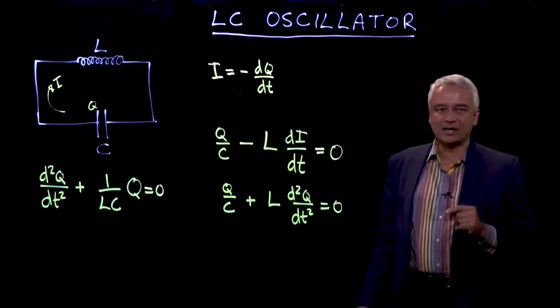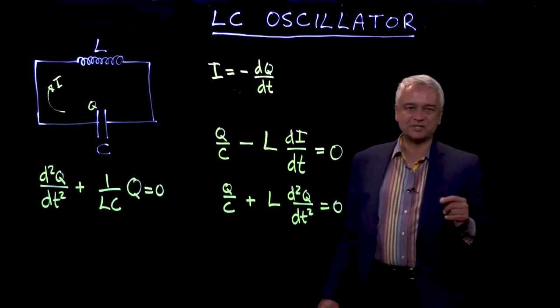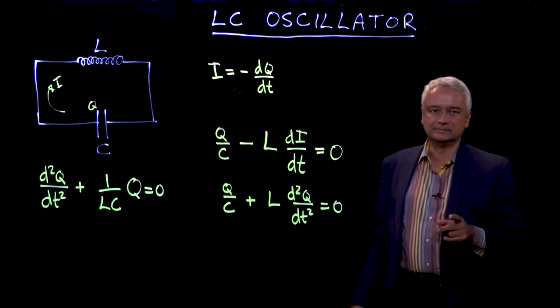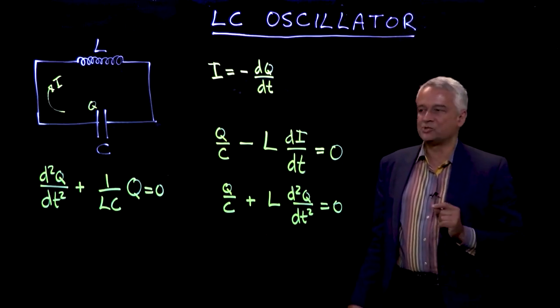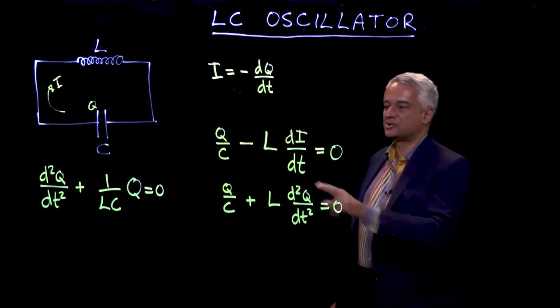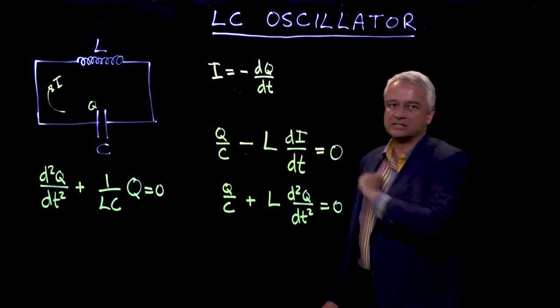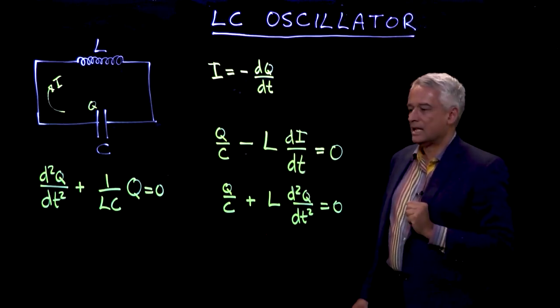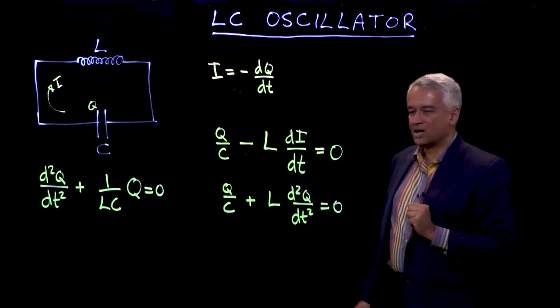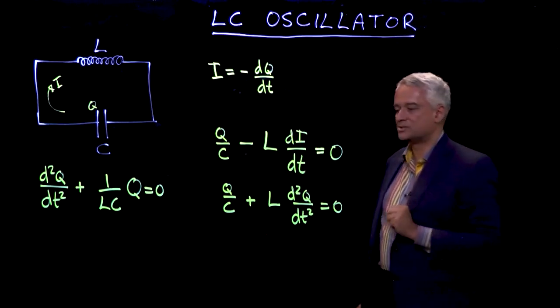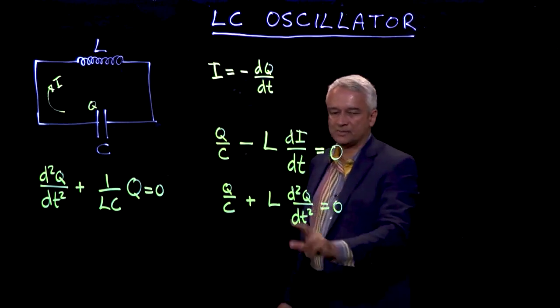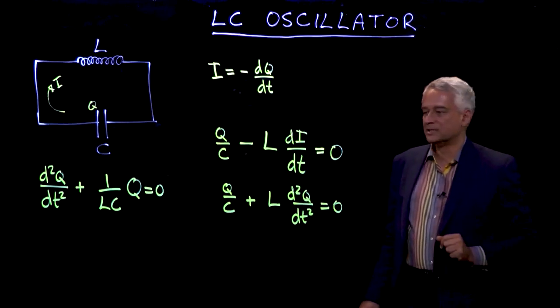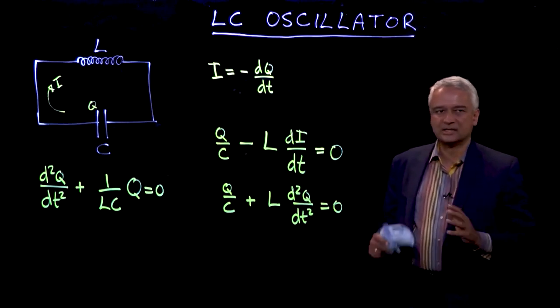And when we did RL circuits, we ended up with a differential equation with I and I dot. Now, when we do LC circuits, we end up with a differential equation with Q and I dot. And I dot is Q double dot, so I have a differential equation with Q and Q double dot. Second order equation describes oscillations. Voila.